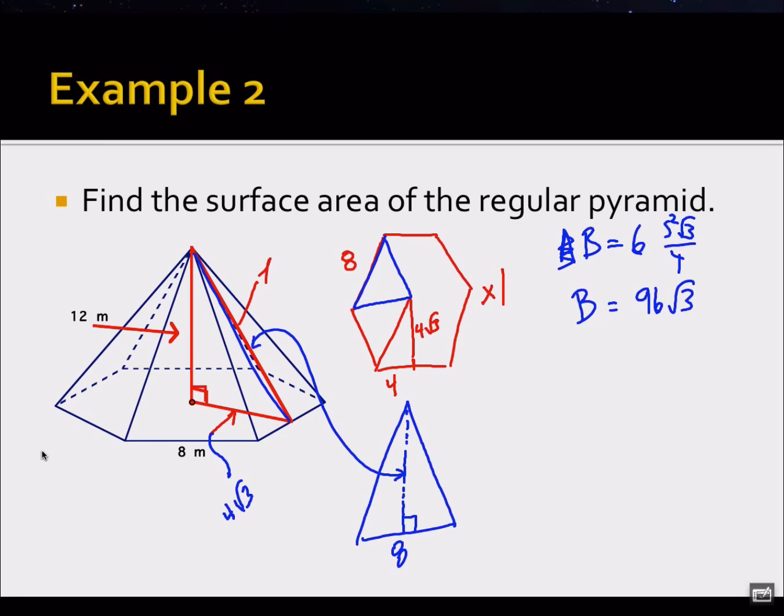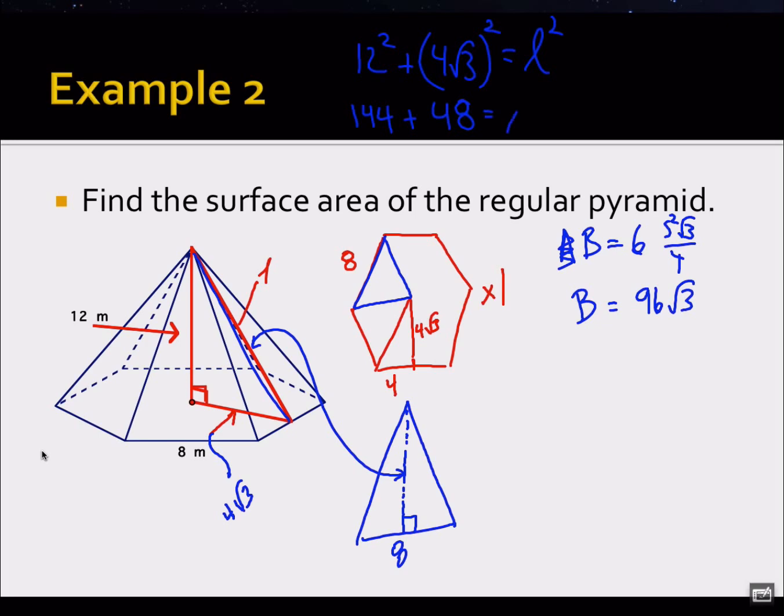Pythagorean theorem. We'll do it up here. I got 12 squared plus 4 square roots of 3 squared, giving me L squared. What's 4 square roots of 3 squared, Natalie? 48.